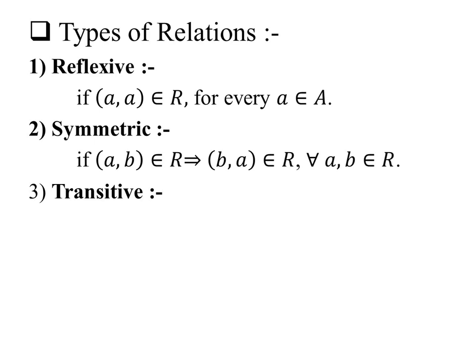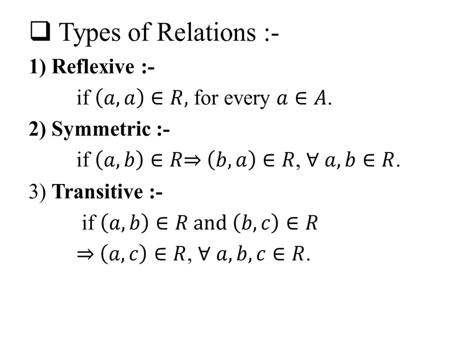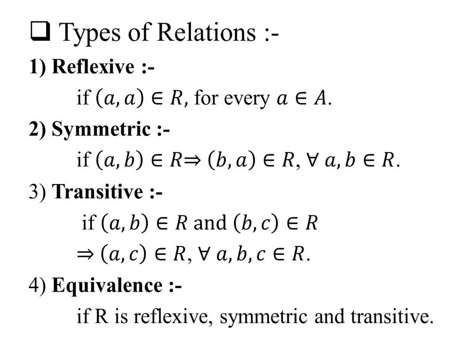A relation R in a set A is transitive if (a, b) belongs to R and (b, c) belongs to R implies (a, c) belongs to R for every a, b, c. And equivalence relation. A relation R in a set A is an equivalence relation if R is reflexive, symmetric and transitive. Okay.